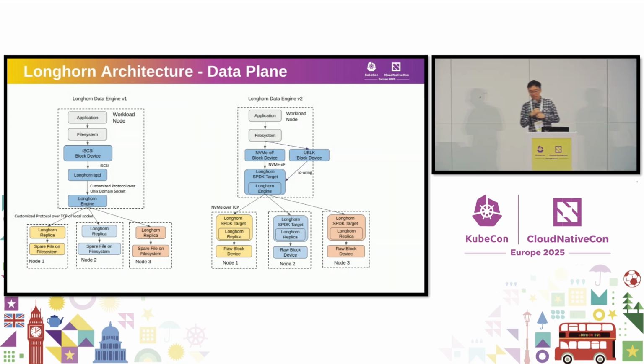So let's say for V1 general usage, you have the iSCSI protocol with Longhorn's default design of engine and replica, and V2 will be built on the high-performance SPDK and have different front end support, NVMe over fabrics and UBlock.